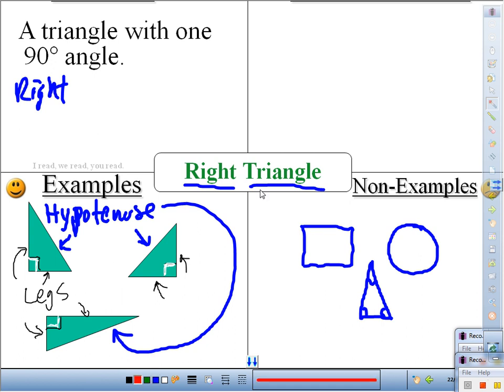Get a hashtag going for this. We need a couple at least. Okay, go ahead, Jason. 90 degrees. Anyone else?